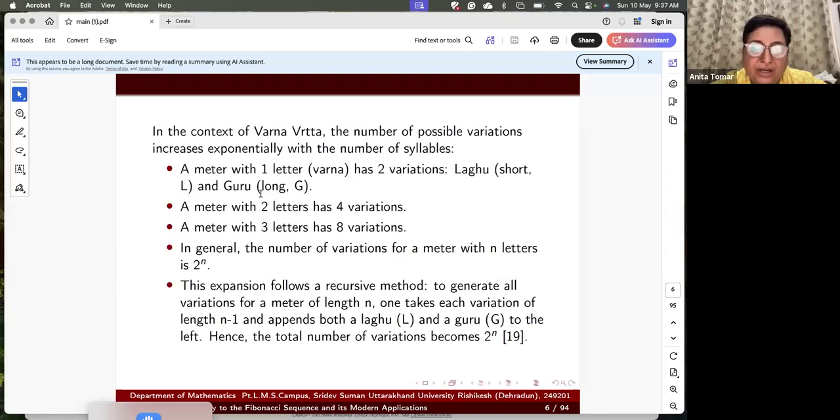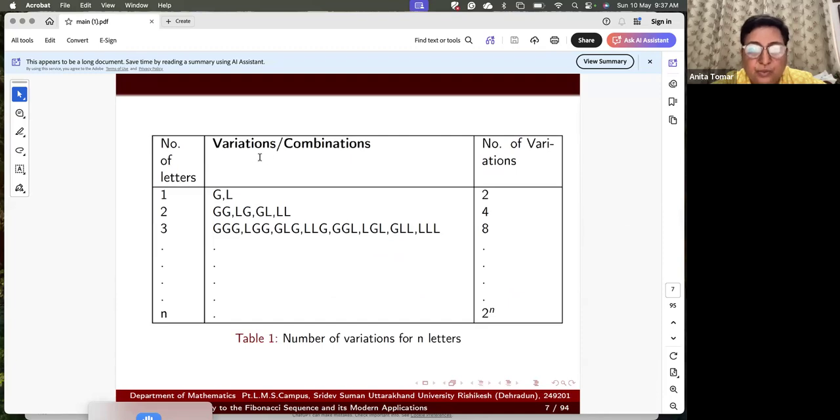To generate all variations for a meter of length n, one takes each variation of length n minus 1 and appends both a laghu and a guru to the left. Hence the total number of variations becomes 2 raised to the power n. You can clearly see in this table that for one letter there are two variations, G and L. For two letters there are four variations: GG, LG, GL, and LL.